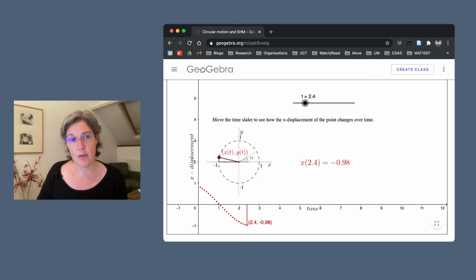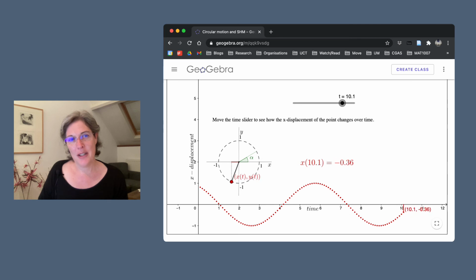It reaches a maximum of -1, and then it starts increasing again. And as time increases further, we can see that our x displacement is giving us a rather beautiful sinusoid or cosine, depending on the phase angle that you pick. But the one that we've picked, it's a cosine.